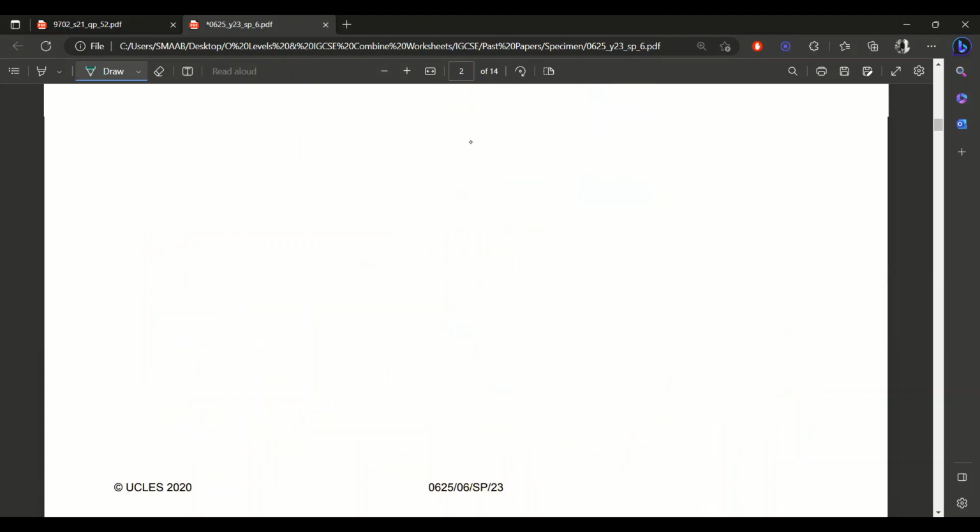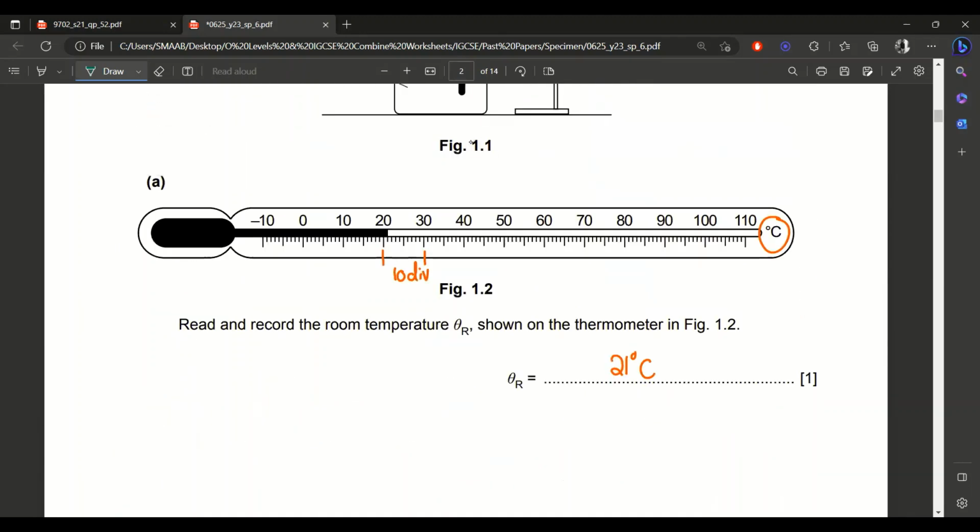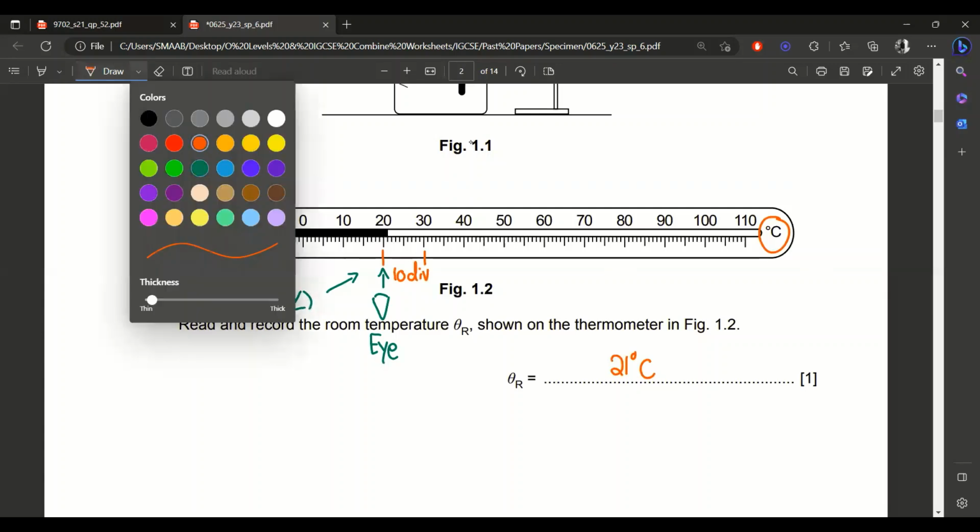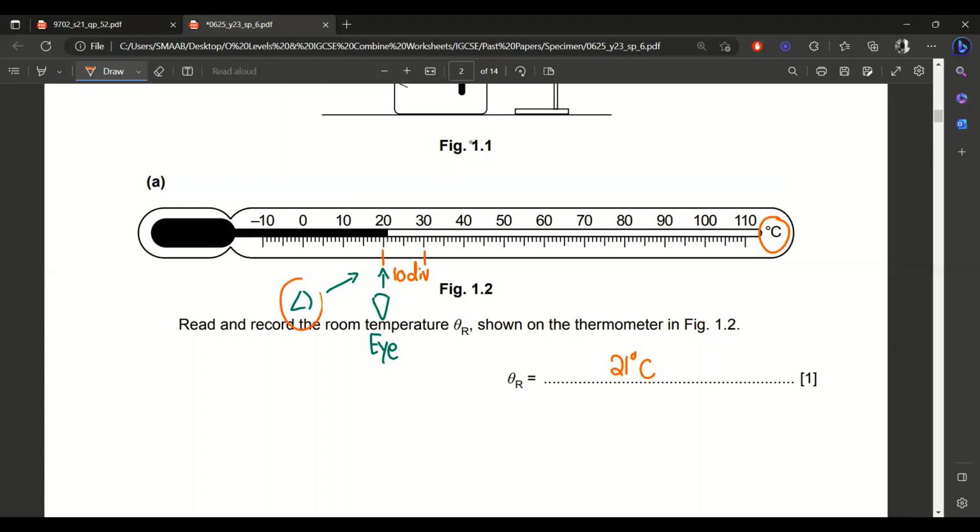Normally we record a reading by placing our eye level in front of the reading, right? Our eye level should be in a straight line like this. If you are recording the reading from this side, this is not the right way to read from any instrument, right?